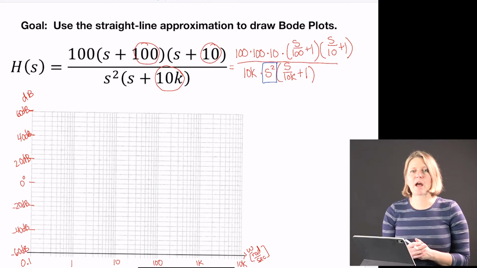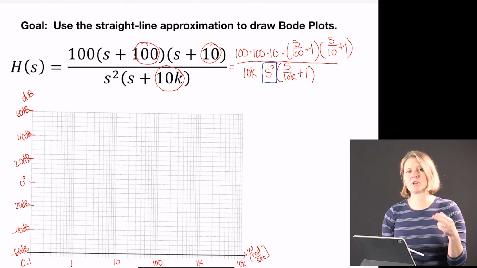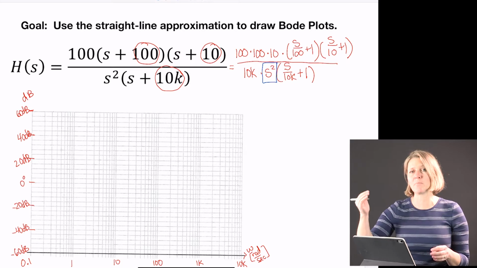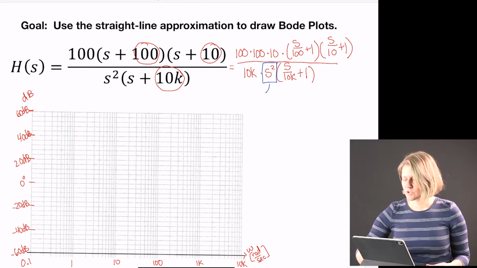This is how we determine when we have a pole or a zero at the origin: there will be a single S by itself. In this case, there's 2 because it's S squared. So there are 2 of the effects, and since it's on the bottom, it's a pole. This determines that there are 2 poles at the origin.